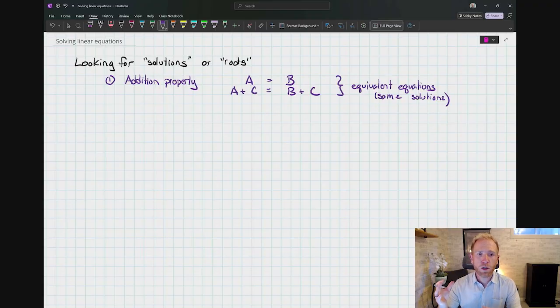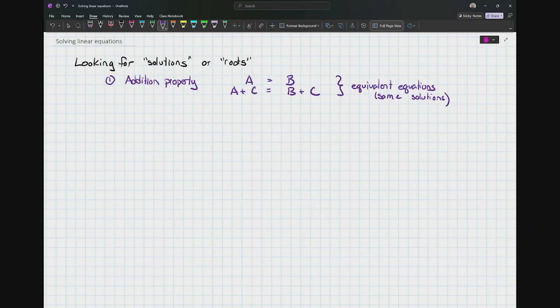If you think about an equation like a balanced scale, of course, when an equation has an equal sign, things are balanced. We can always add the same amount to both sides of a scale or a teeter-totter, and nothing changes, it stays balanced. So we say that it has the exact same solution set and the two sides are still equal to each other. The other really common property is our multiplication property.